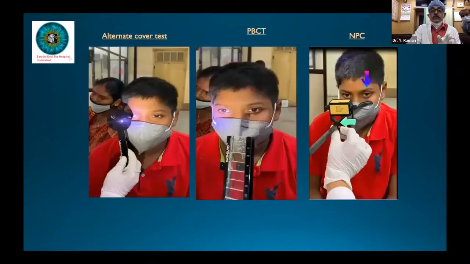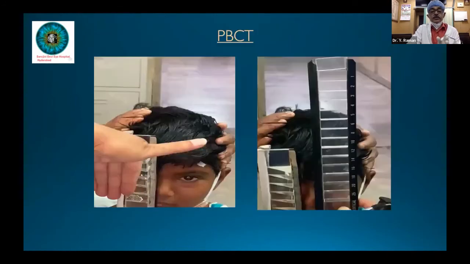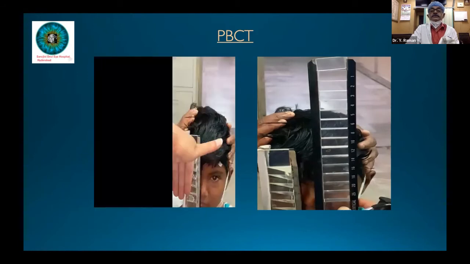And you can also do a convergence assessment with a RAF ruler. And when the child has both horizontal and vertical deviations, you are in a dilemma how to measure both. First, you neutralize the horizontal deviation, and by putting a vertical prism bar on the opposite eye, you can easily assess the vertical deviation.